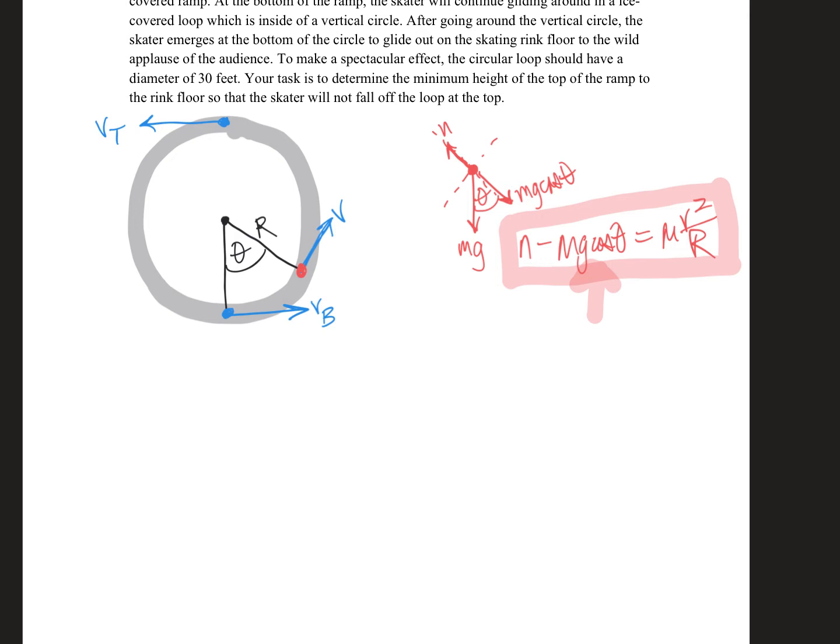So what do we have? Initially, coming into the bottom of this thing, it's all kinetic at this spot right here. And then as the situation progresses, we still have some kinetic at the top. Okay, so there's KB and there's KT. But then there's work done by gravity.